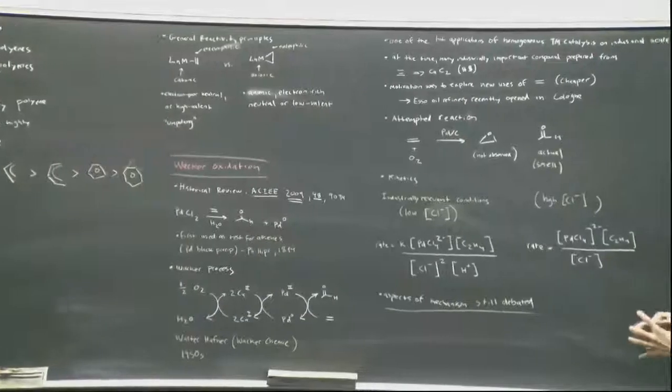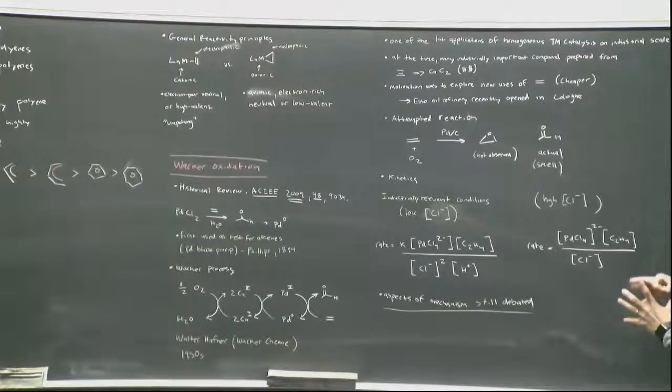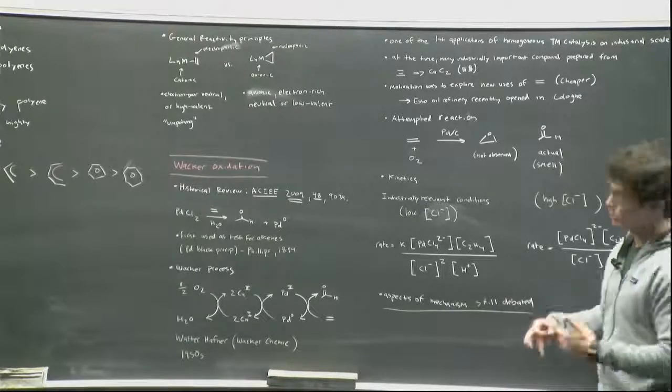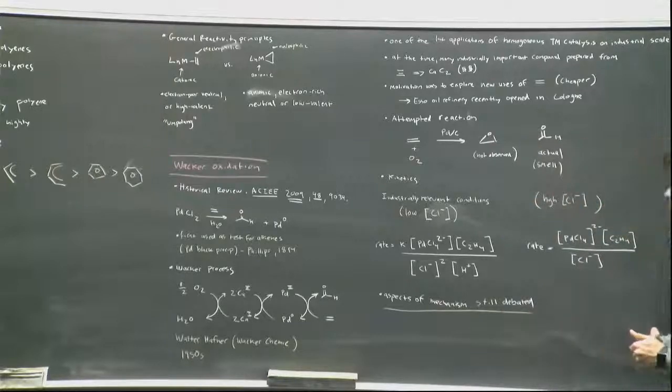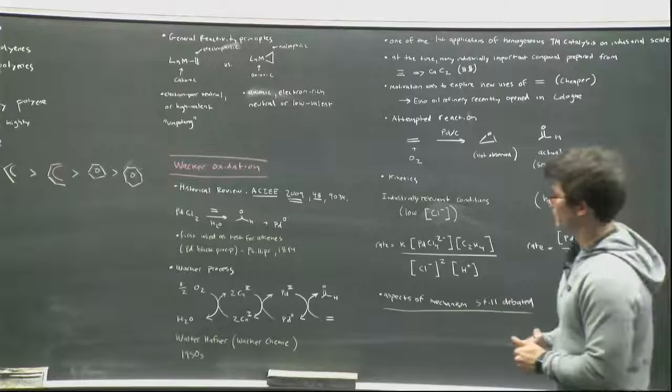A lot of this was happening in Essen, in the Ruhrgebiet, the Ruhr region of Germany, which is basically a big coal mining area. So they're big producers of hydrocarbon feedstocks, and thus this whole industry of processing hydrocarbon feedstocks sprung up.